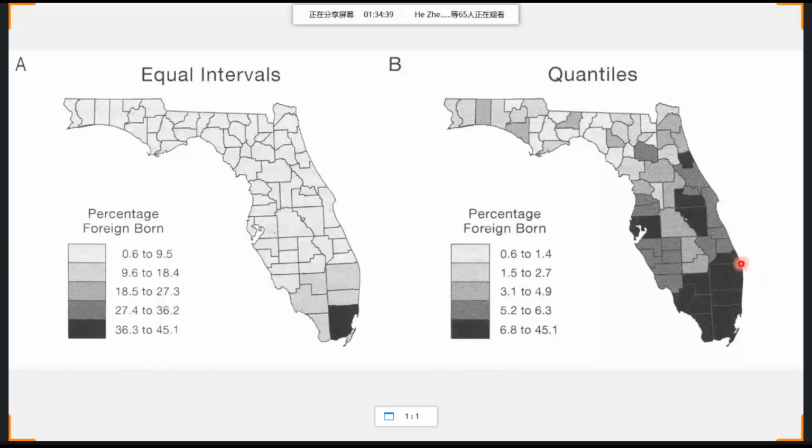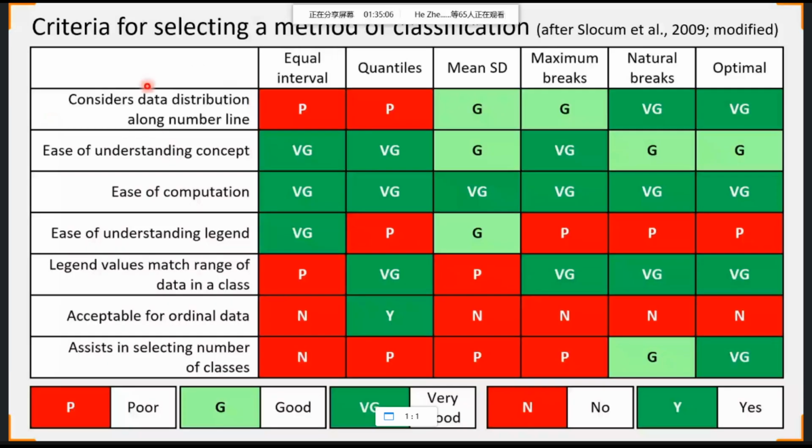So it looks like they have more or less the same value, but we know they don't, not even near to each other, because the range here is too big, 6.8 to 45. That's too huge. So you put things in the same class that are too different. They are not similar at all. Therefore, this criterion considers data distribution along the number line. This is important, and these two methods are not doing this. And you see that here.